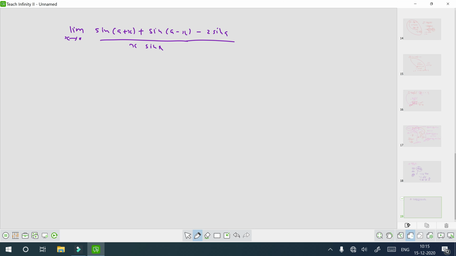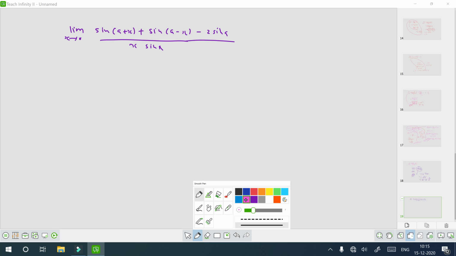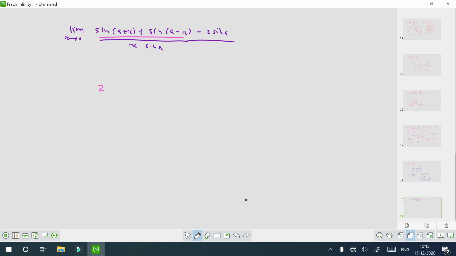Now see here, sin plus sin is 2 sin cos: (a plus x plus a minus x) by 2, which is 2a by 2, that is sin a. Then the 2 cos a into (a plus x minus a plus x) by 2, 2x by 2, is cos x.